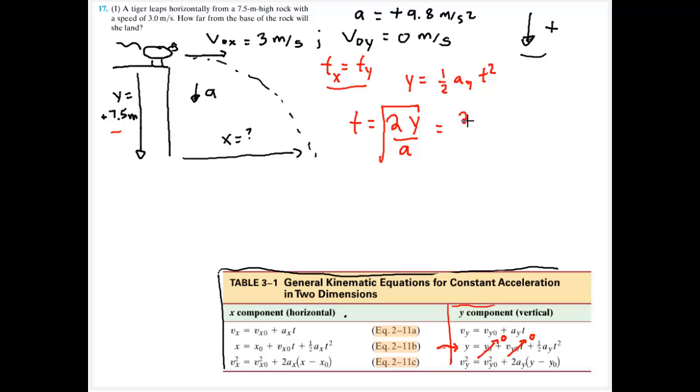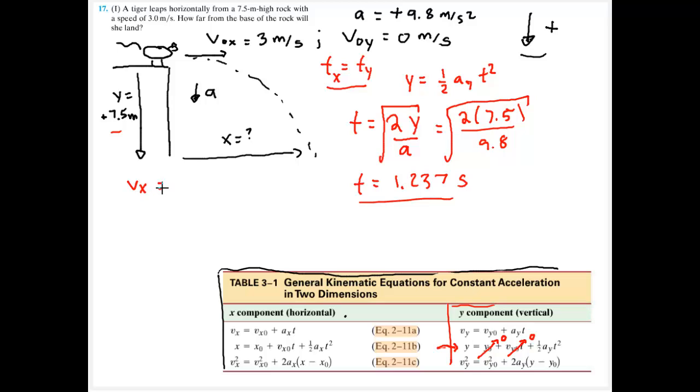So that's going to be 2 times 7.5, divided by the acceleration, 9.8. I can solve for my time and say that my time must be equal to 1.237 seconds.